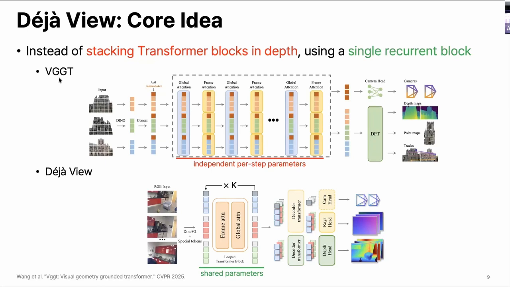In contrast, Déjà uses a single looped transformer block and applies it k times recurrently. So the model does not need separate independent parameters for every step, while it still performs multiple steps of computation. The same block is reused iteratively, and this is why the model can be much smaller.